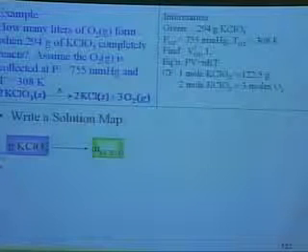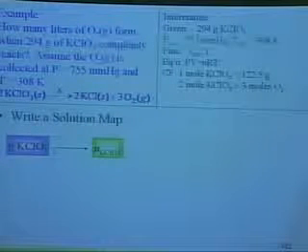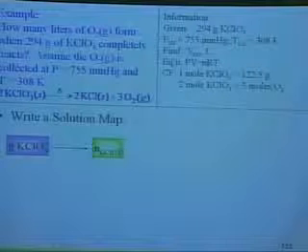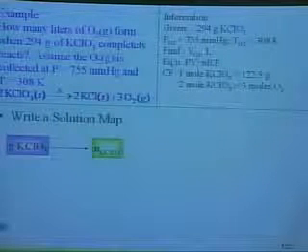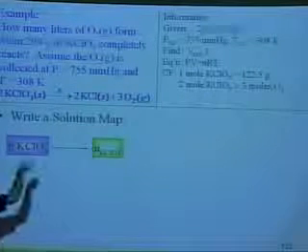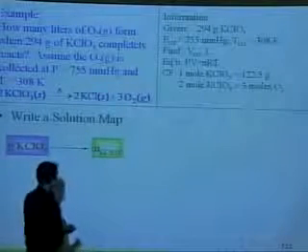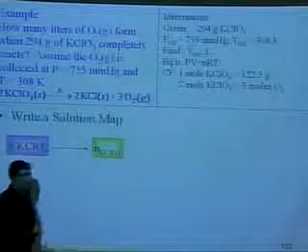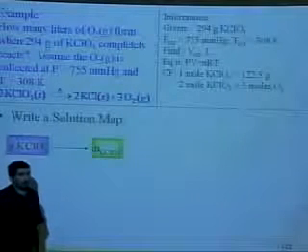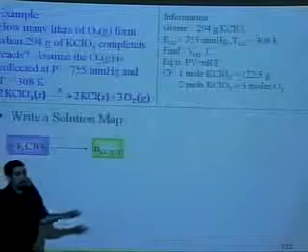All right, now that we're at moles, what's the next logical step? Well, I'm trying to get to way over here on the other side. Should be liters or volume of oxygen, right? How am I going to get there? Well, I've got to get to oxygen before I can even think about what about oxygen I want to know.